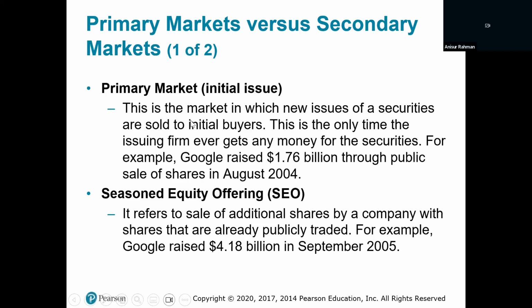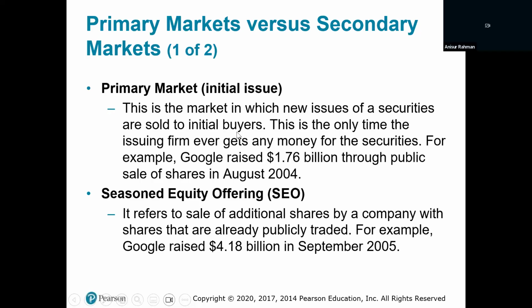Remember, primary market is the initial issue, the first time a company, this is the only time the issuing firm ever gets any money, right? So this is the market in which new issues of securities are sold. And seasoned equity offering, it refers to sale of additional shares by a company.